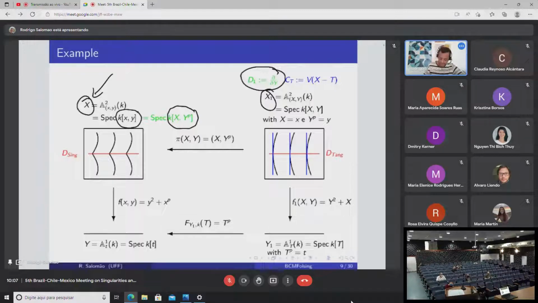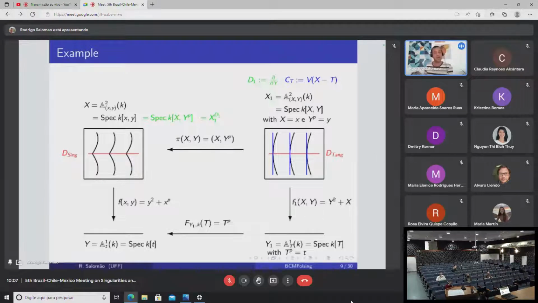And this ring of polynomials is exactly the kernel of these vector fields here as a vector field in this ring of polynomials. Okay, so in this way, we say that X is the quotient of X1 by the vector field D1. And we write like here, okay?